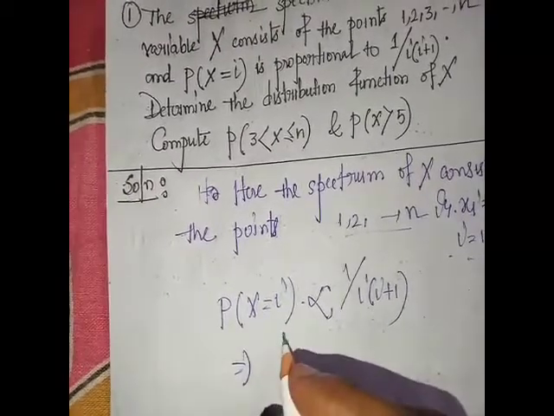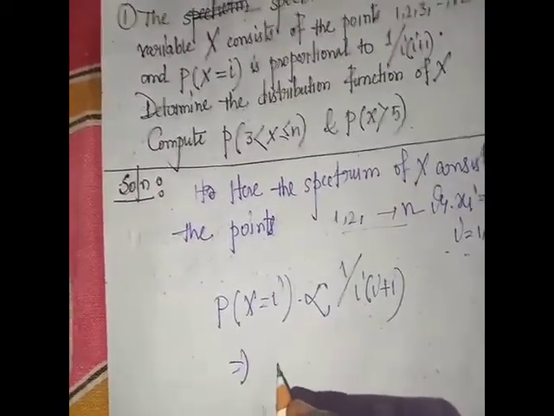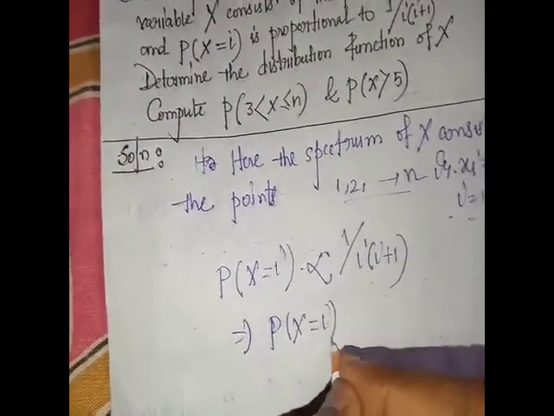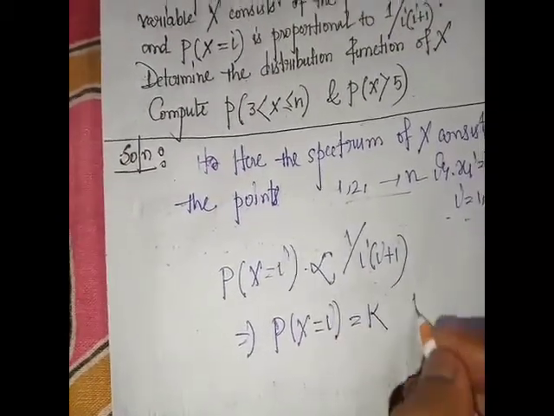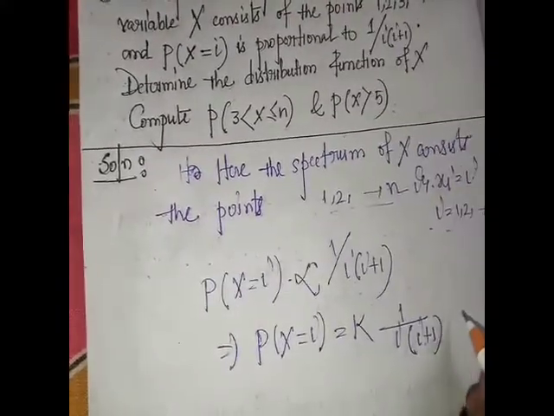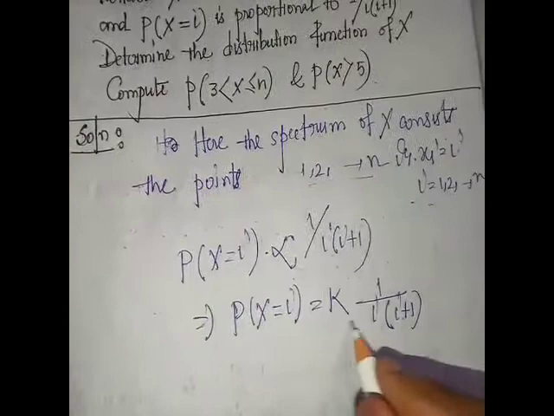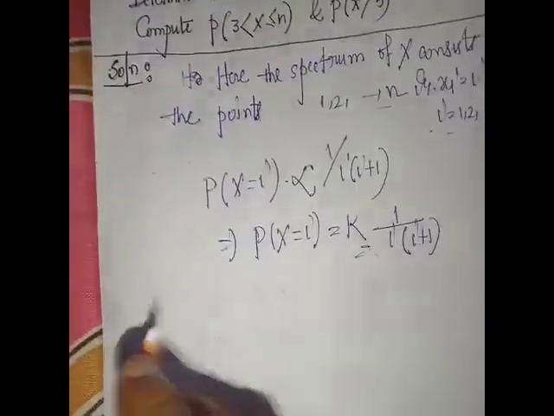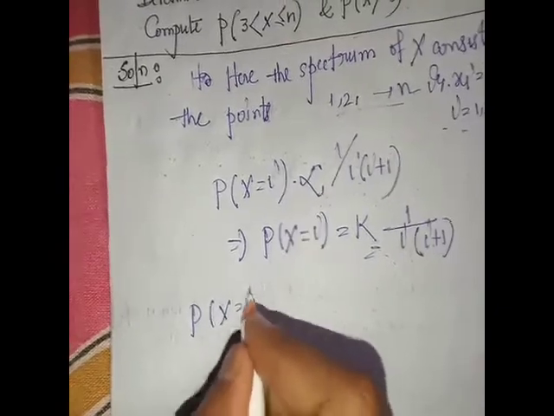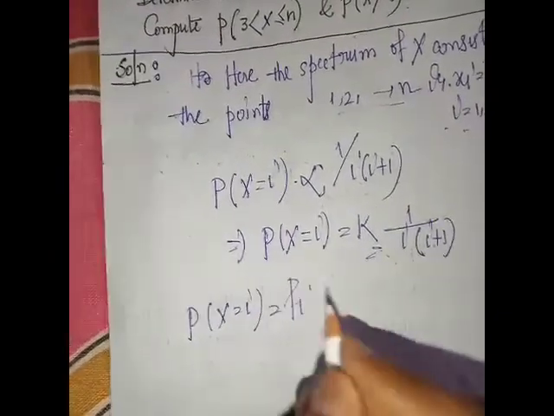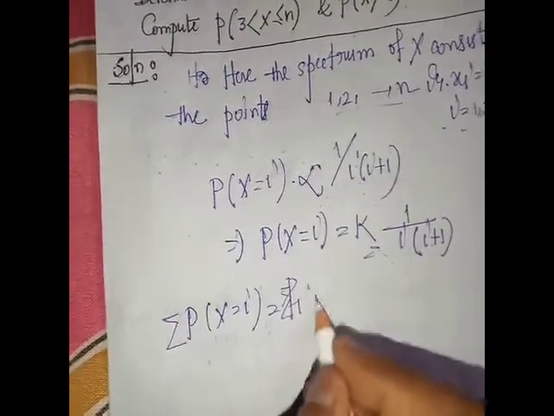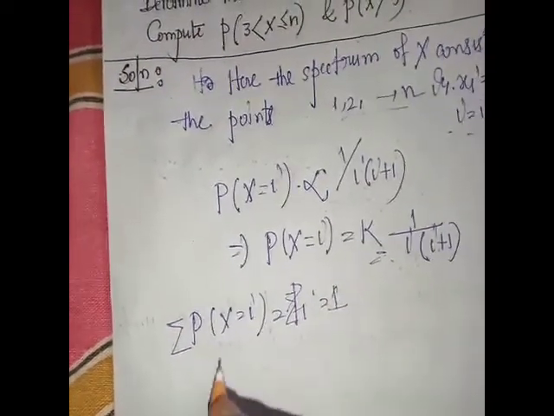Let us take the proportionality constant k, so P of X equal to i is k into 1 by i into (i plus 1), where k is the variation constant. We know that P of X equal to y, that is f of y, is the probability mass function, and the summation of this is 1.